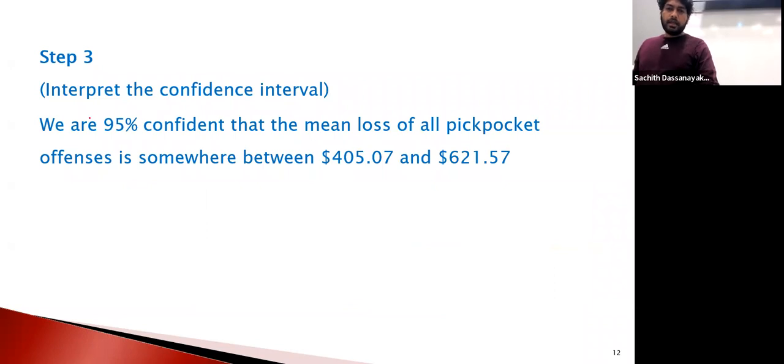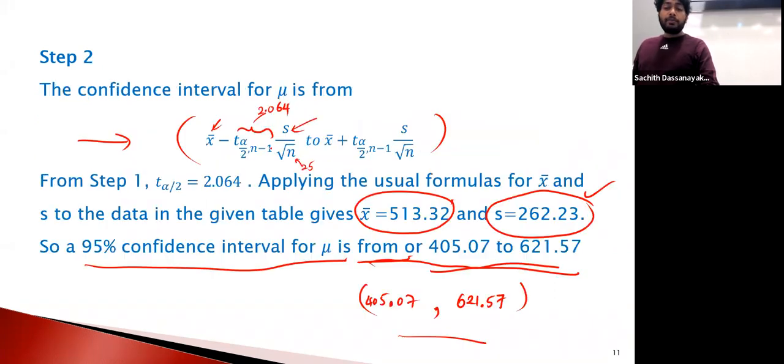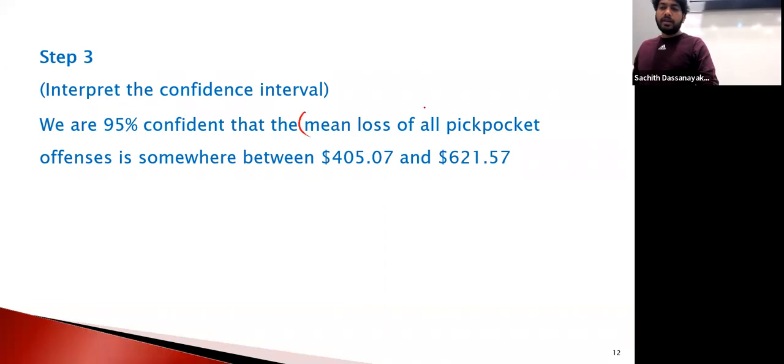Step 3 is the interpretation part, same thing. For the interpretation, try to replace your mu with what they have mentioned in the problem. In the problem they have mentioned mean loss of all pickpocket offenses, so this is your mu.